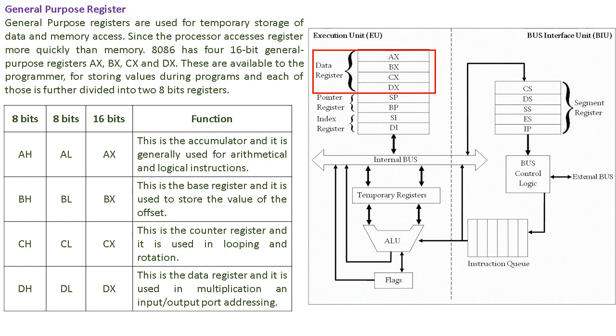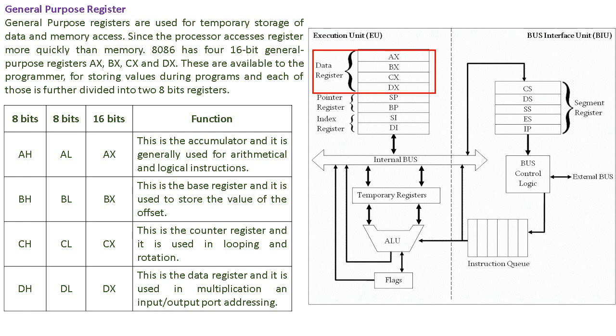At our left we have AH, that is A higher order, followed by AL, that is A lower order. These two together are known as AX.